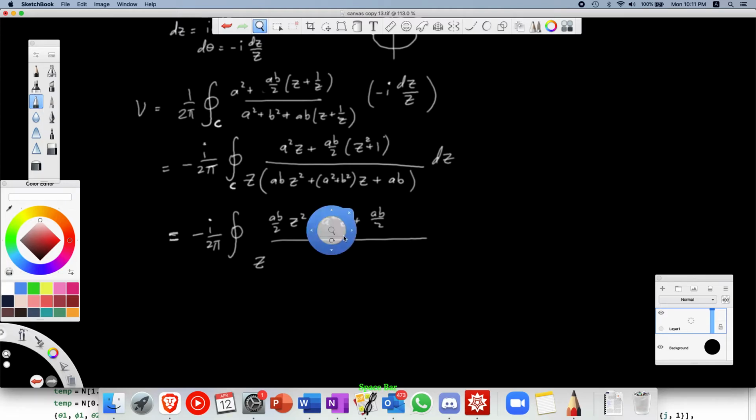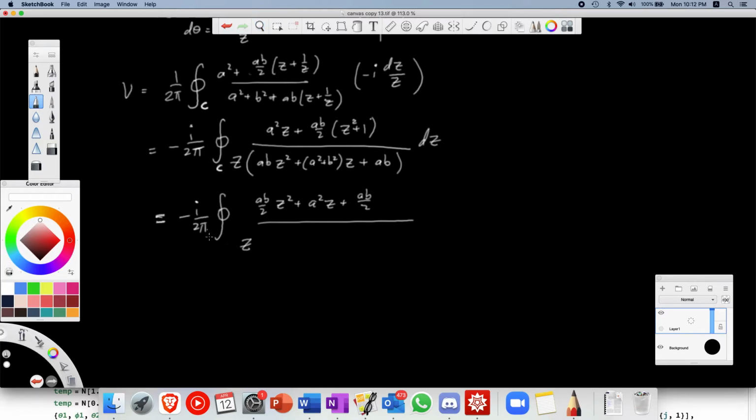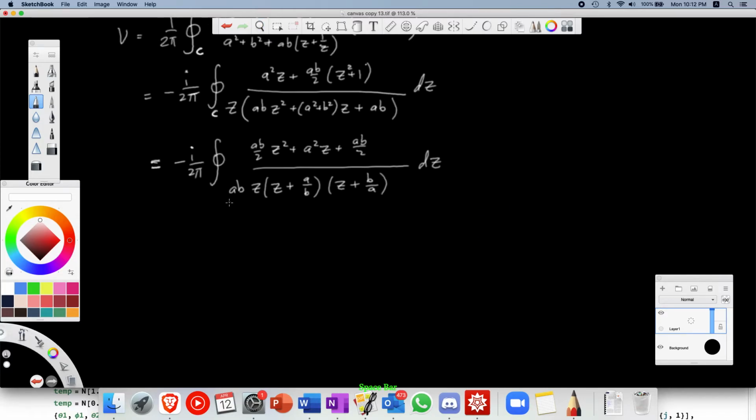I won't go through the trouble of writing the quadratic equation, but essentially you can show that this factorizes to become z plus a over b and z plus b over a. Easy. Let's just call this entire function f of z.